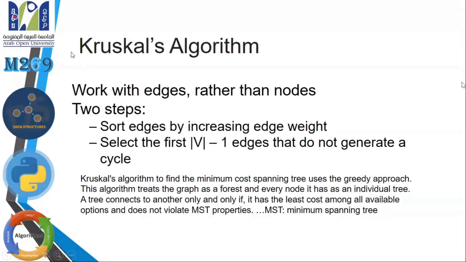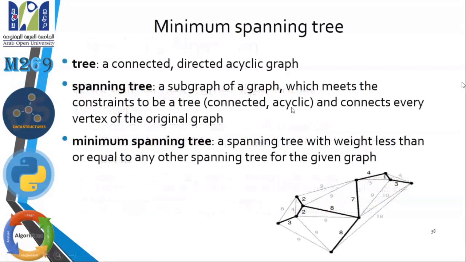Okay, let's see what is called the Kruskal algorithm. هذا last for today, inshallah. Work with edges rather than nodes. Two steps. Sort, very important: sort edges by increasing edge weight. Then select the first V-1 edges that do not generate a cycle. It has to not be a cycle.